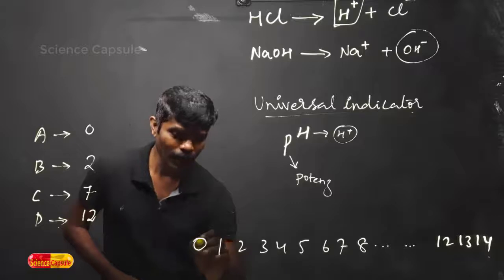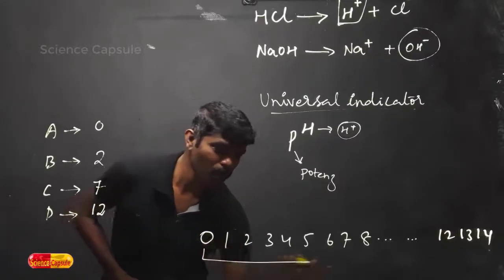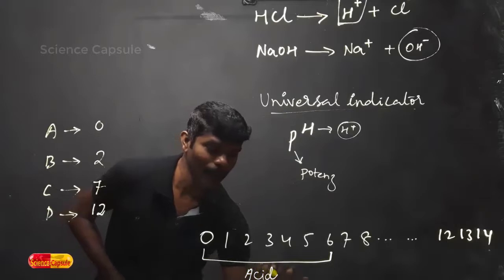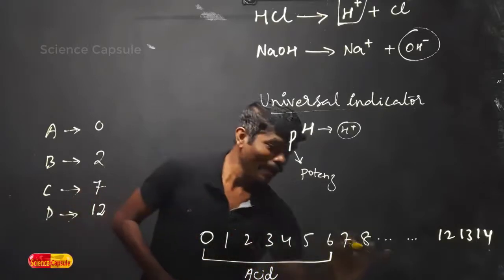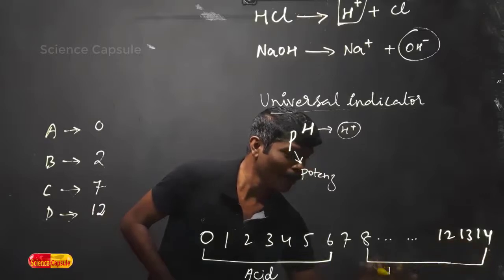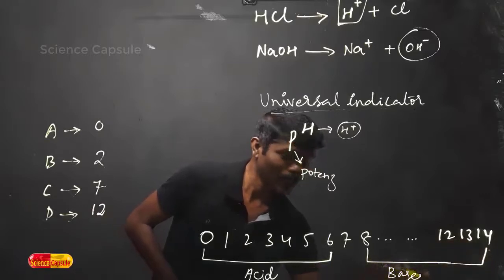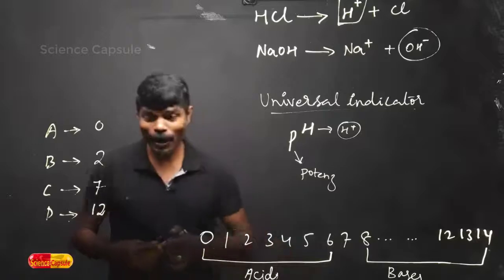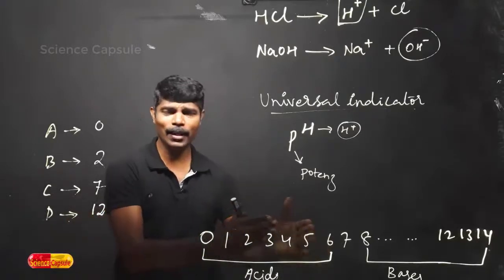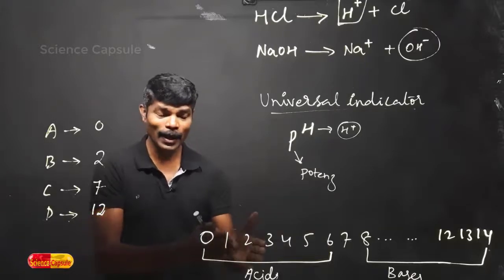Dear students, the values ranging from 0 to 6 show acidic behavior, right? And the values from 8 to 14 are bases, right? So, whenever a substance has the pH value 0 to 6, it will be considered as an acid.